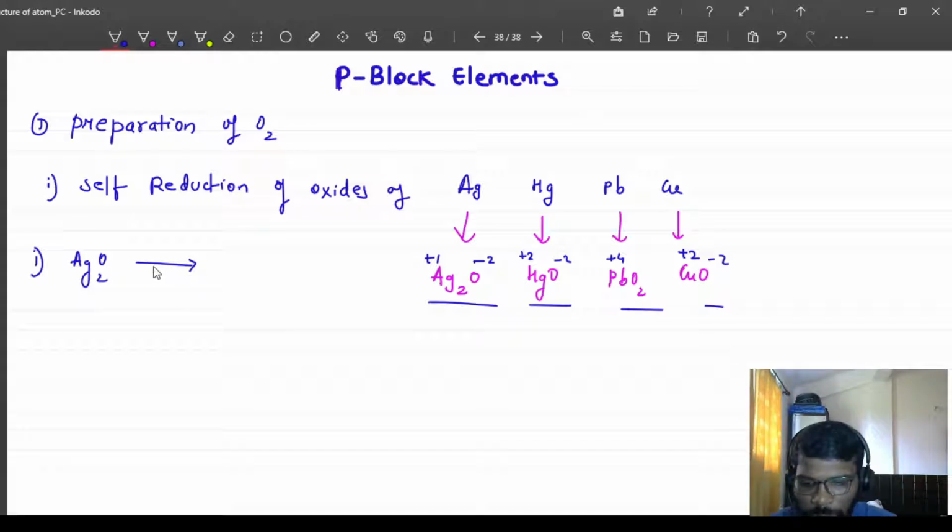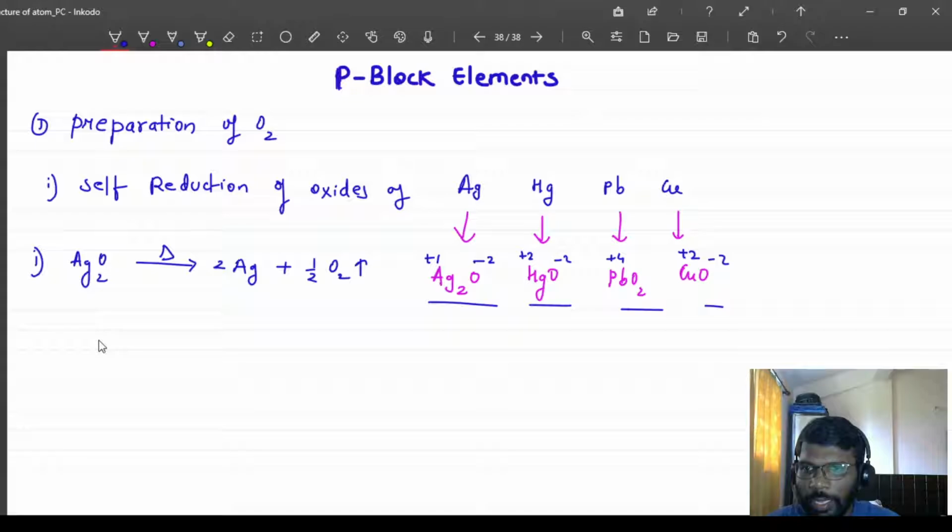If I heat this compound, then what I am going to get is silver, and let us not balance it this way, we'll get half a mole of O2. This is how the reaction will proceed.